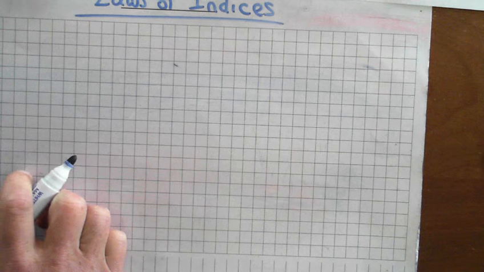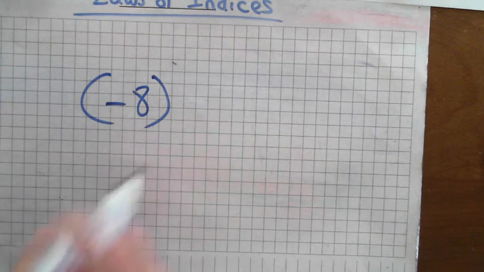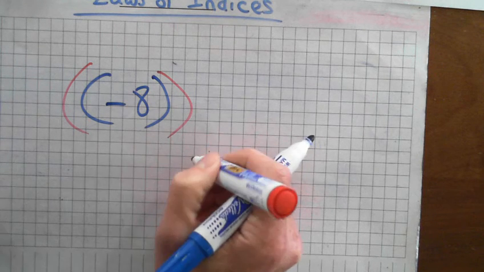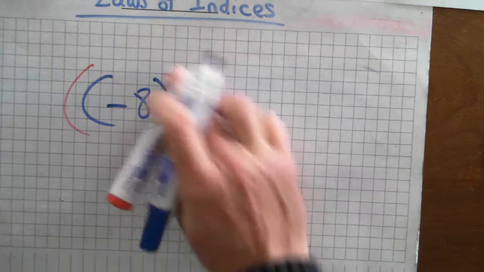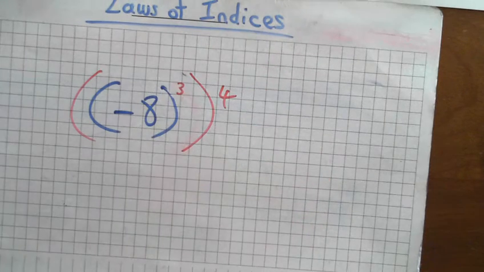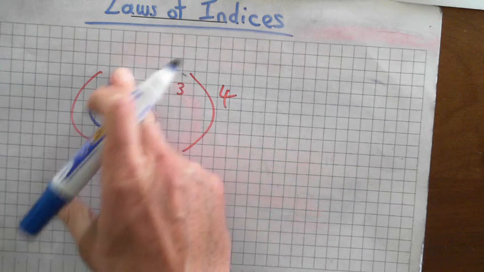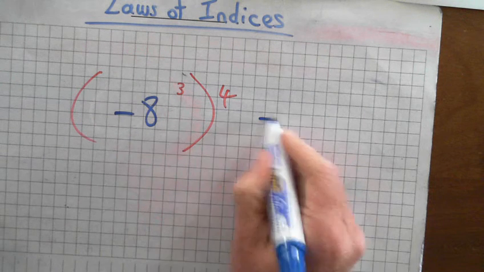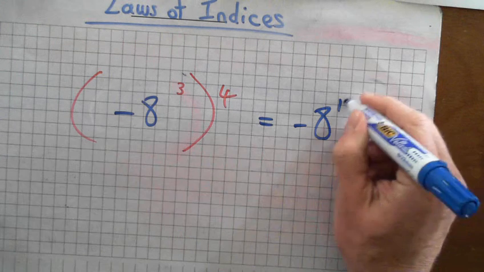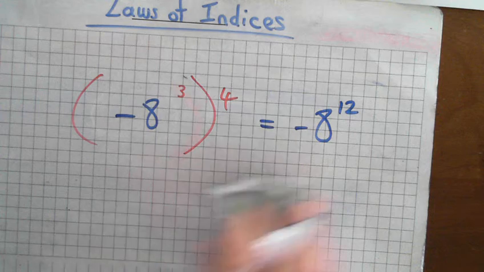And minus 8, there's brackets, and then there's brackets outside that again. 3 first, brackets 4. Alright, so I can remove those brackets if I like. So what's the answer? Minus 8 to the power of 12. Easy.